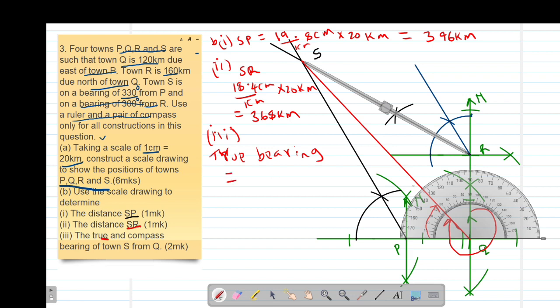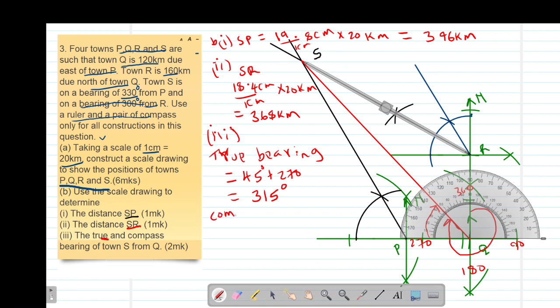If this is 45, then I'm going to add, remember up to this point, this is 270, this is 180, this is 90, then of course this is 0, 360. So it will be 270 plus 45, which is going to give me 315. So this is 315 degrees. This is my true bearing.